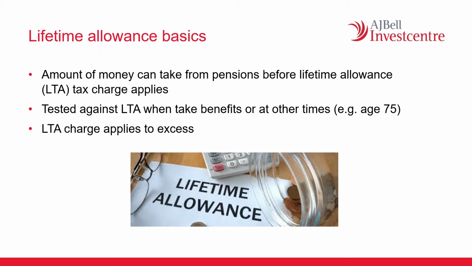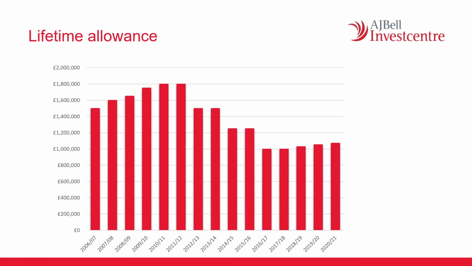But the basic concept of the lifetime allowance was introduced at A-Day, so it came in on 6th of April 2006. And this is what's happened to it over time. When it was introduced, it was set at £1.5 million.